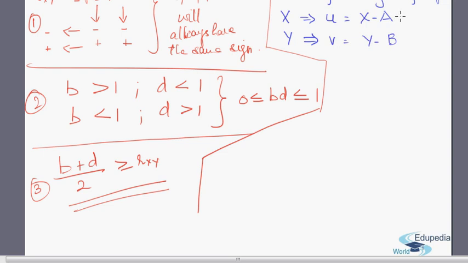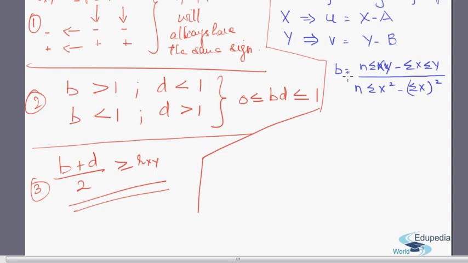When we do this, our formula is unaffected. That is, if you recall, our basic formula for b is n times summation xy minus summation x times summation y, divided by n times summation x square minus summation x the whole square, right? In the same way for d.